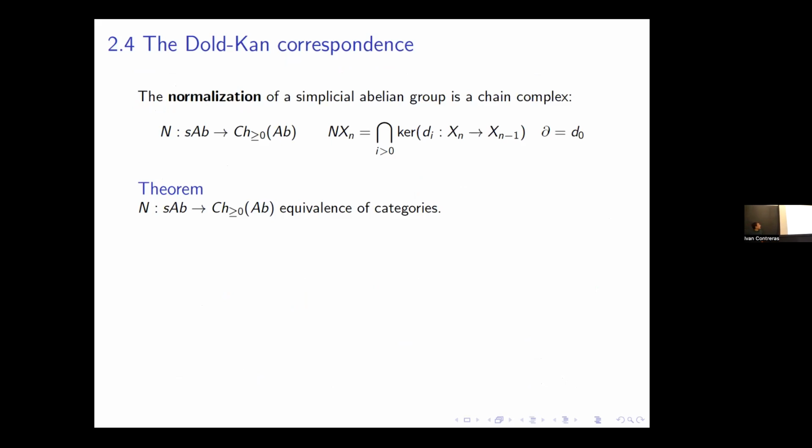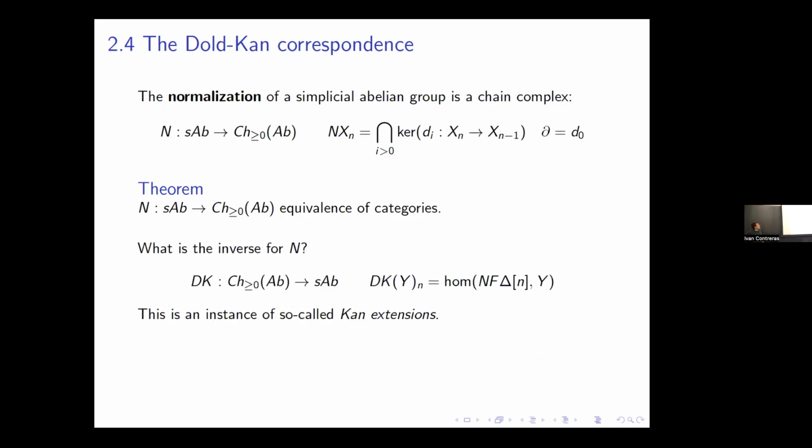And the other is the Dold-Kan correspondence. So every simplicial abelian group has its normalization. Dold-Kan tells that this is an equivalence. And what is the inverse for Dold-Kan? There is a simple conceptual nice way to express it using the adjointness between the normalization and the Dold-Kan functor, let's say, because the n-simplices have to be those maps of chain complexes.